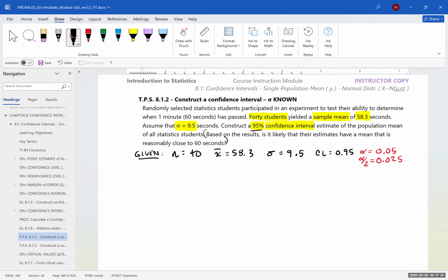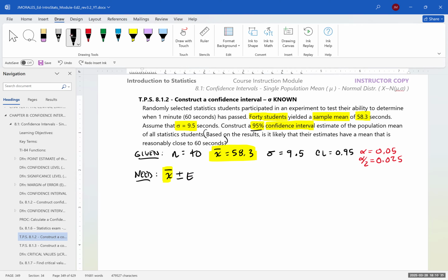So let's look at what we need. We need to construct a confidence interval that looks like that. Now, we've already got the sample mean part of it. What we need is error.